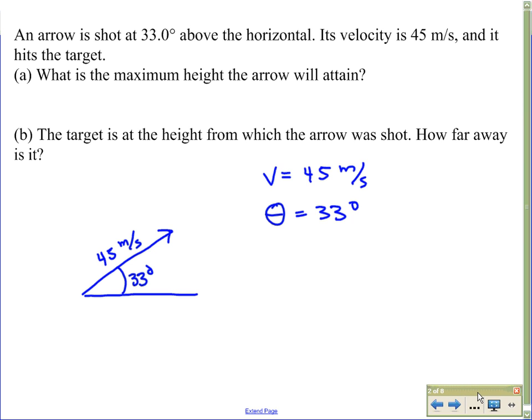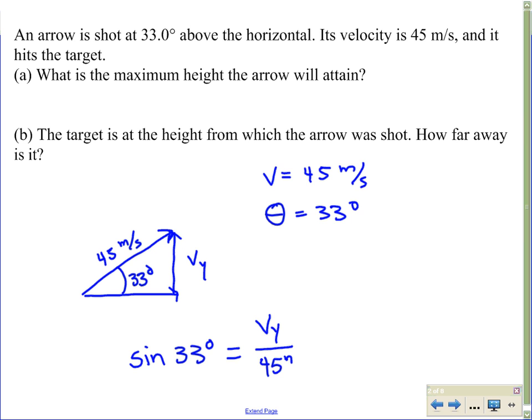Now, we're going to need Vy. So I'm going to have us go ahead and find that right now. And Vy, remember, is the sine of 33 degrees is equal to Vy over hypotenuse, which is 45 meters per second. And this value in this problem is 24.5 meters per second.